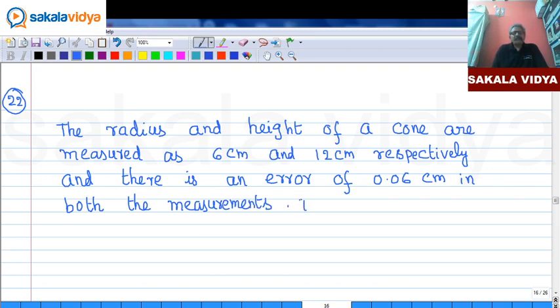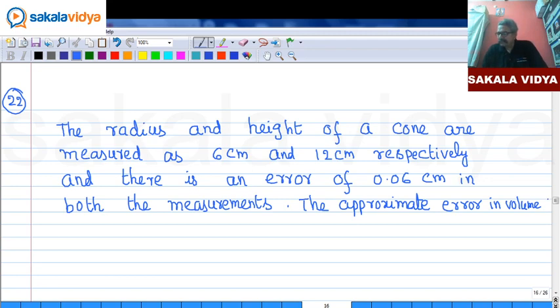The approximate error in volume. This is the question.